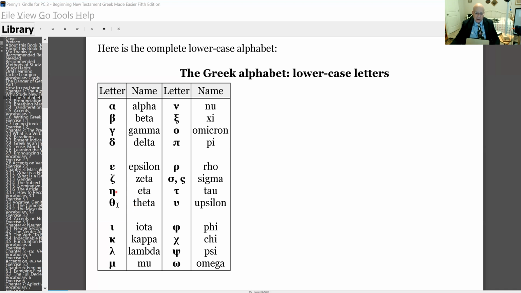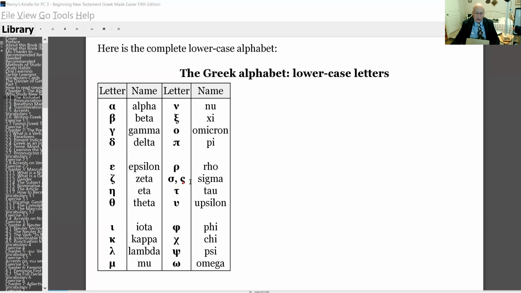And here is how it is written in lowercase. And you notice it says Greek alphabet lowercase letters. We will learn the uppercase, but only kind of incidentally. As we go through, you will notice names like Jesus, and Ioannes, John, and we'll notice what an uppercase iota looks like, this letter, and other names like Simon, the name for Simeon, or Simon Peter.